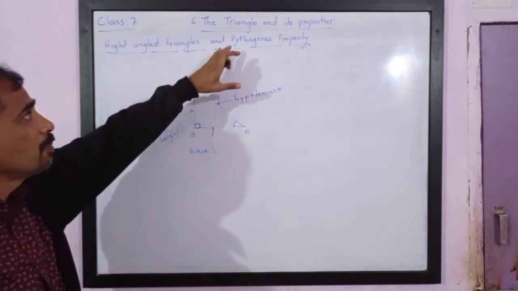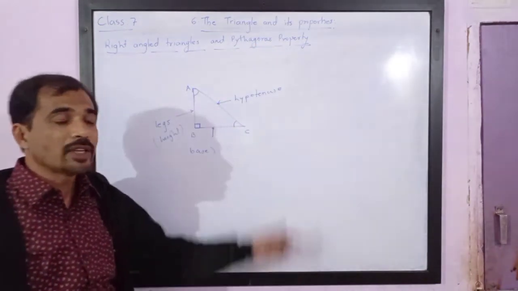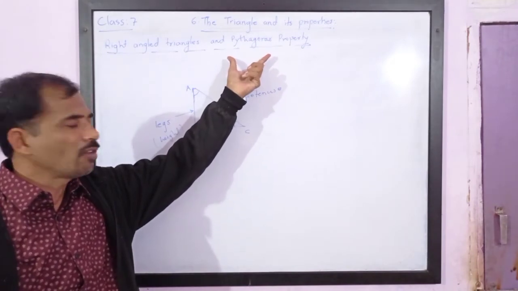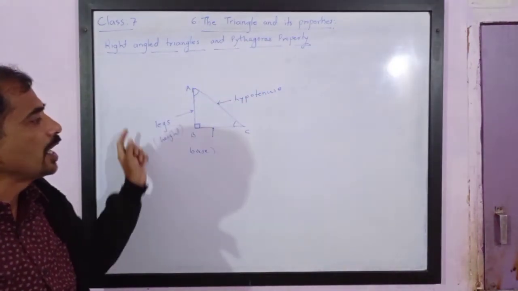Now, a very important property that the scientist Pythagoras discovered is very often used in mathematics, and the property is related to right angle triangles.